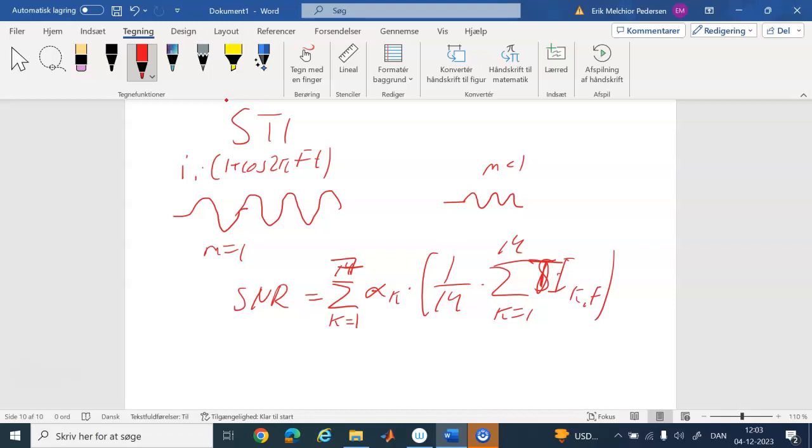This gives the SNR, and you have to translate it to speech intelligibility. Thank you very much. 14 modulation bands and frequencies and 7 octave bands.